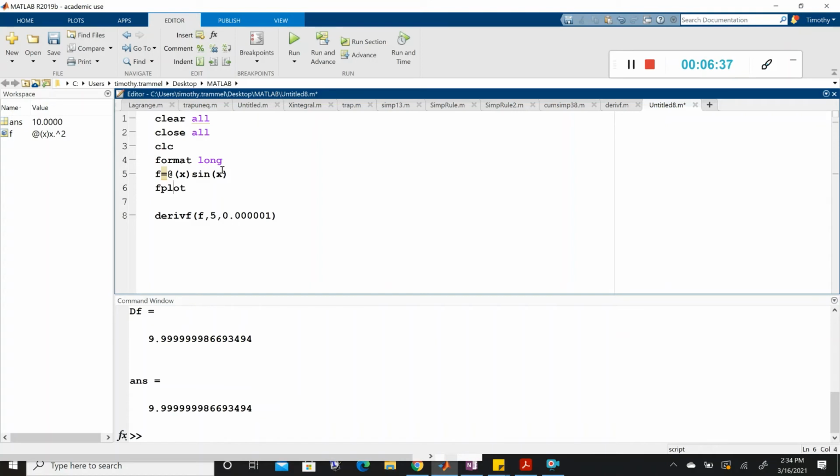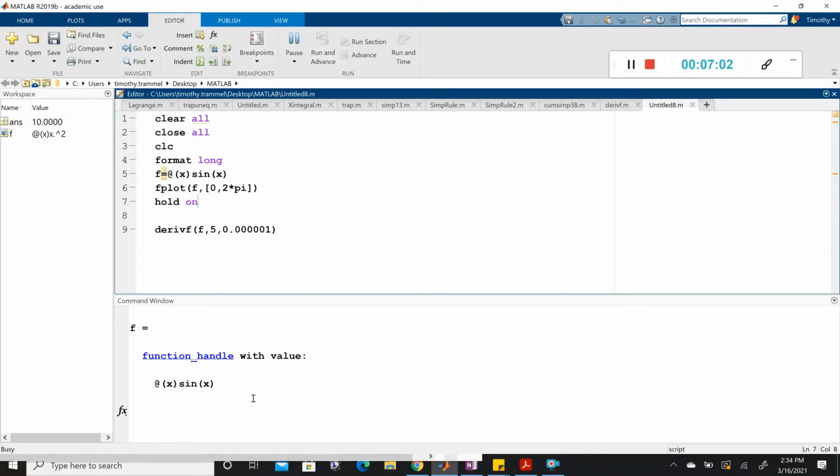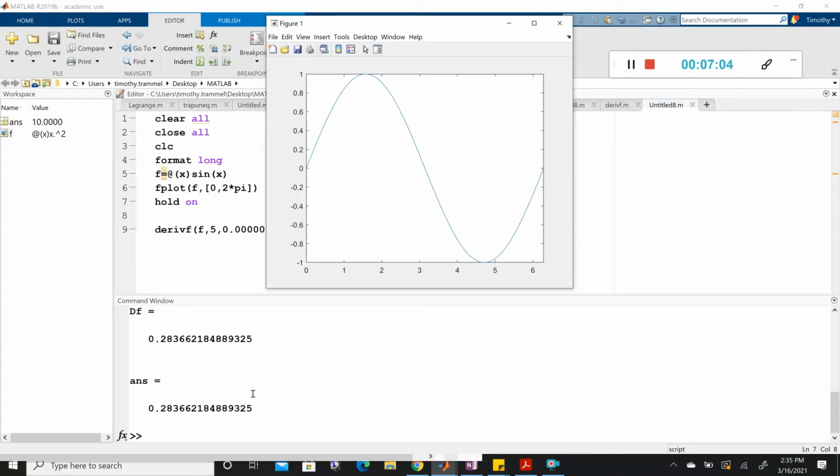So we'll use fplot, and then we'll have f comma the domain we would like, and how about 0 to 2 pi, one full period there. And let's go hold on, and we'll do another plot here in a second of the derivative, but let's just make sure that this looks good. Okay, that looks good.